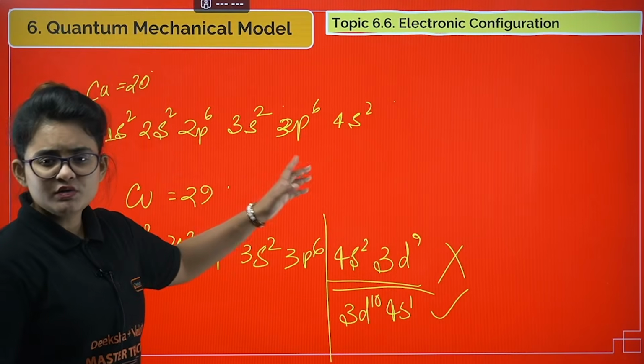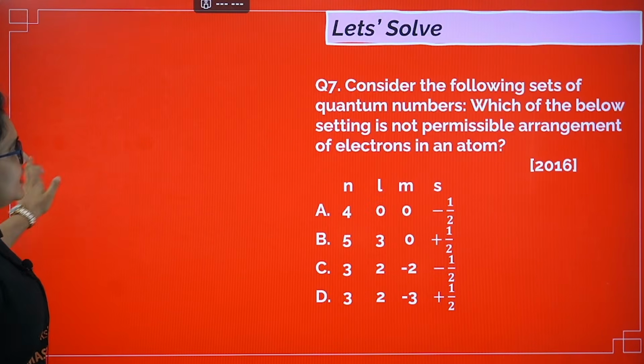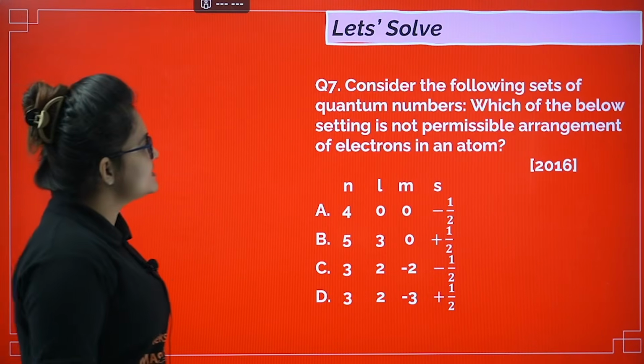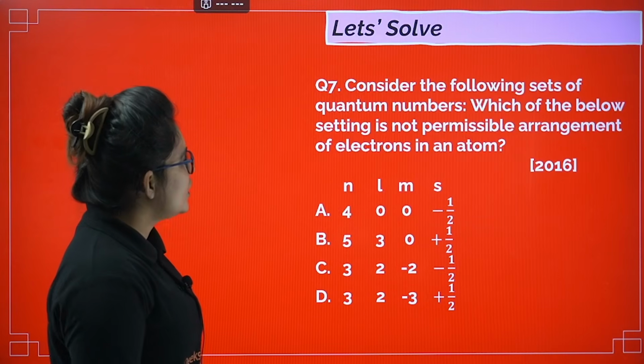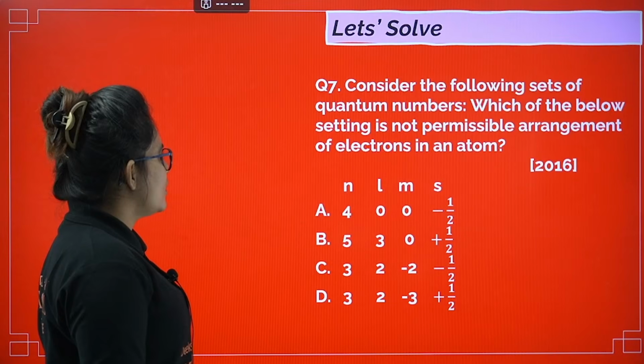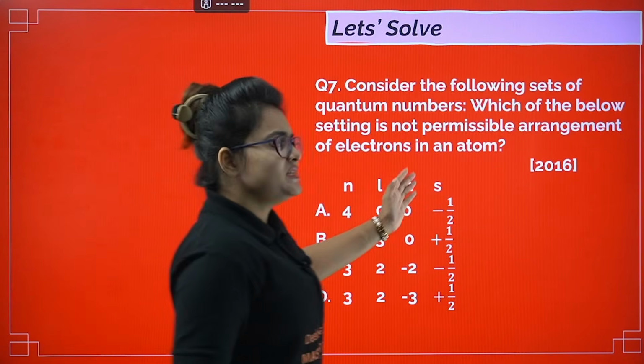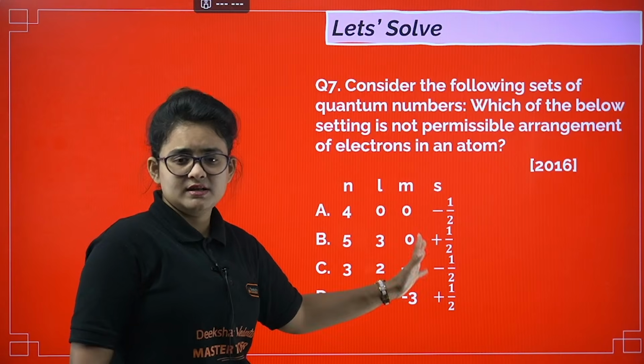Okay, so this is how you should proceed with the electronic configuration. Let's go ahead with one problem. Consider the following sets of quantum numbers. Which of the below settings is not a permissible arrangement of electrons in an atom? The S value we don't have to check, since it can be either plus or minus half.